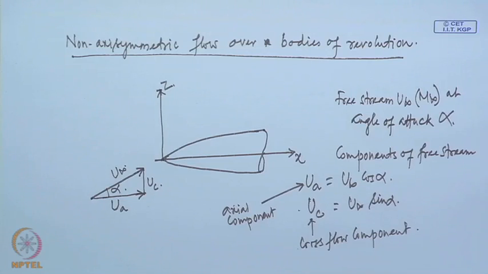Now, since we are dealing with linearized flow, which allows superposition, we can think of this flow to be a superposition of two separate flows, one axial flow with free stream speed of u a and another cross flow with free stream speed of u c.